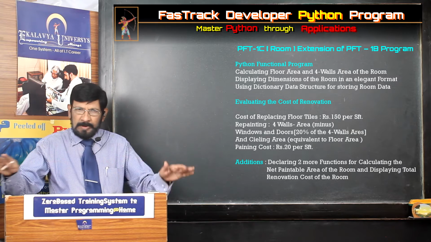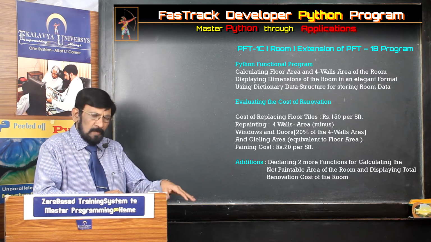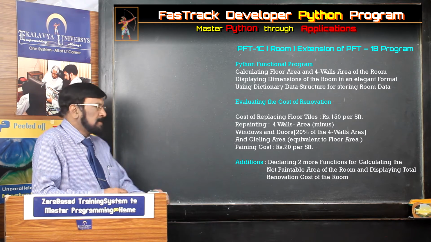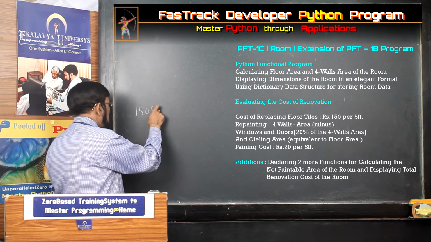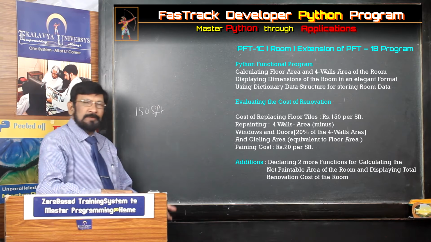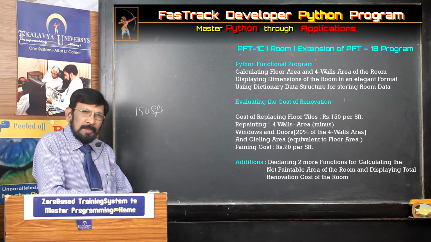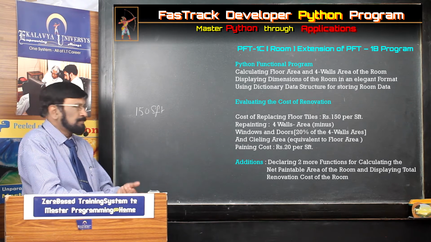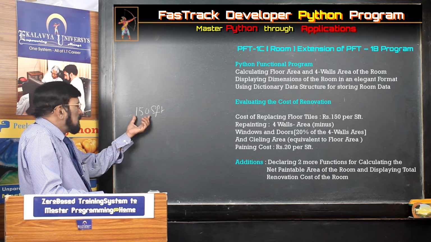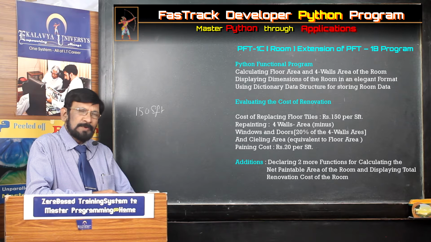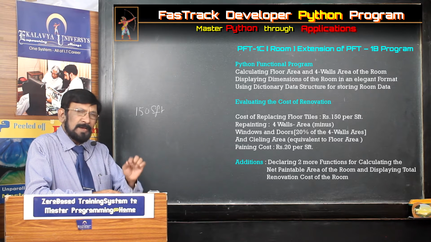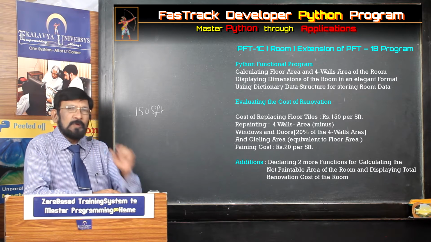We have to replace all flooring with new tiles. The cost is 150 rupees per SFT. This is simple. You take the floor area you are calculating, and if you multiply with 150 rupees, you can get the renovation cost of the flooring.